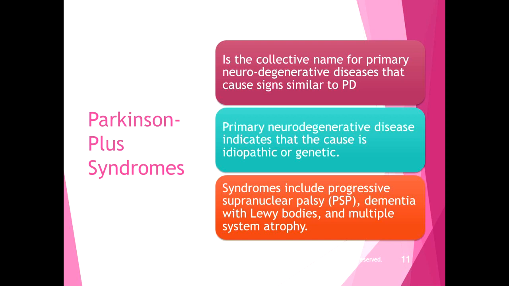So the syndromes that are included in the Parkinson's Plus group include progressive supranuclear palsy, or PSP, Lewy body dementia, and multiple system atrophy.